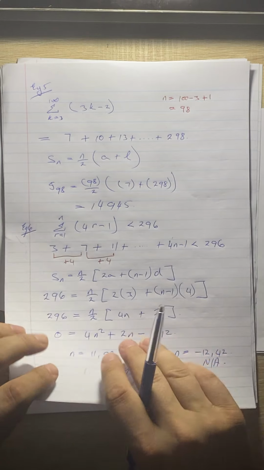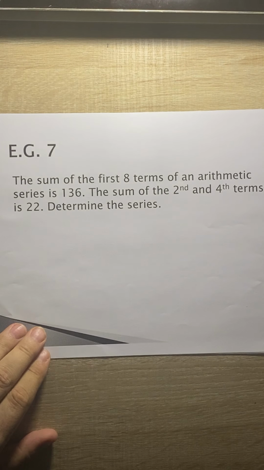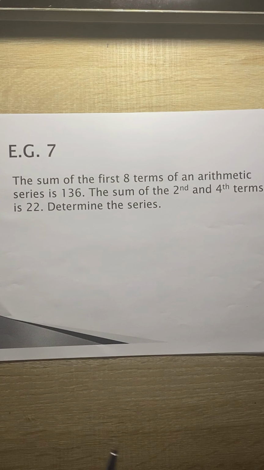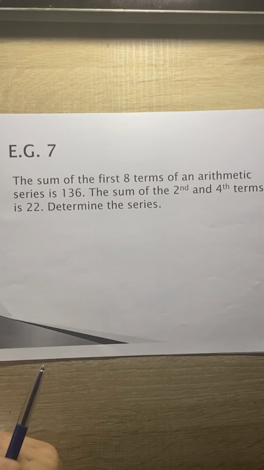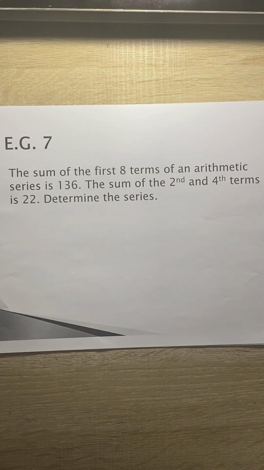Okay, last one, I think, guys. Right, example 7. The sum of the first 8 terms of an arithmetic series is 136. The sum of the second and the fourth term is 22.